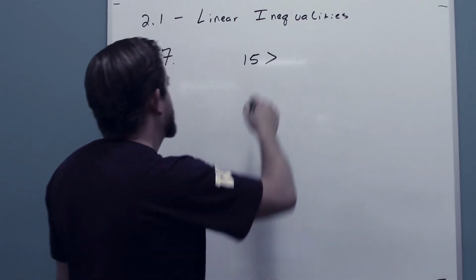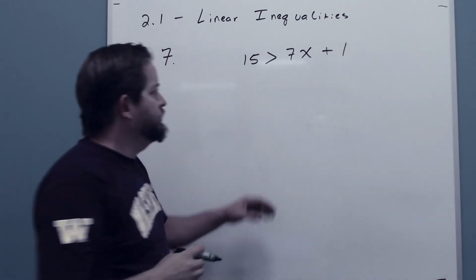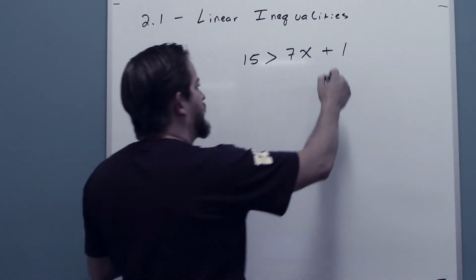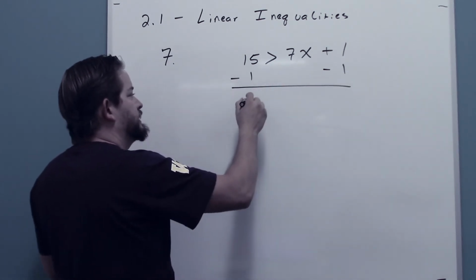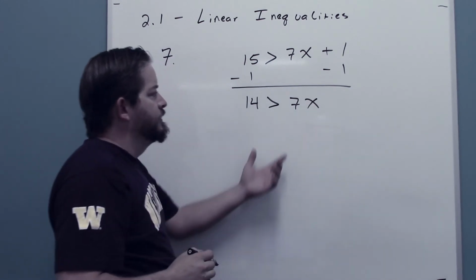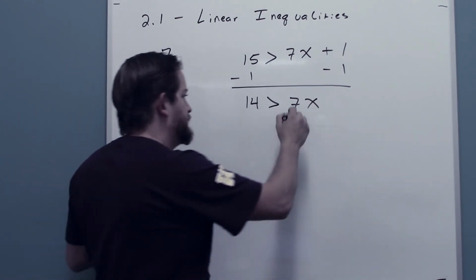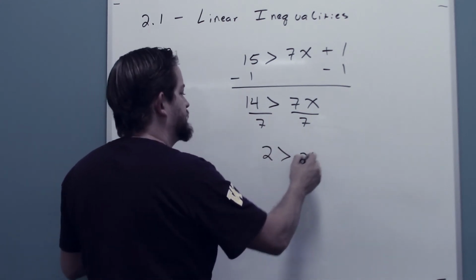Strictly greater than 7x plus 1. So I'll do the same thing. I want to subtract 1 from the right to isolate my x. So that gives me 14 is greater than 7x. Right? And if I divide by 7, I have 2 is greater than x, right?